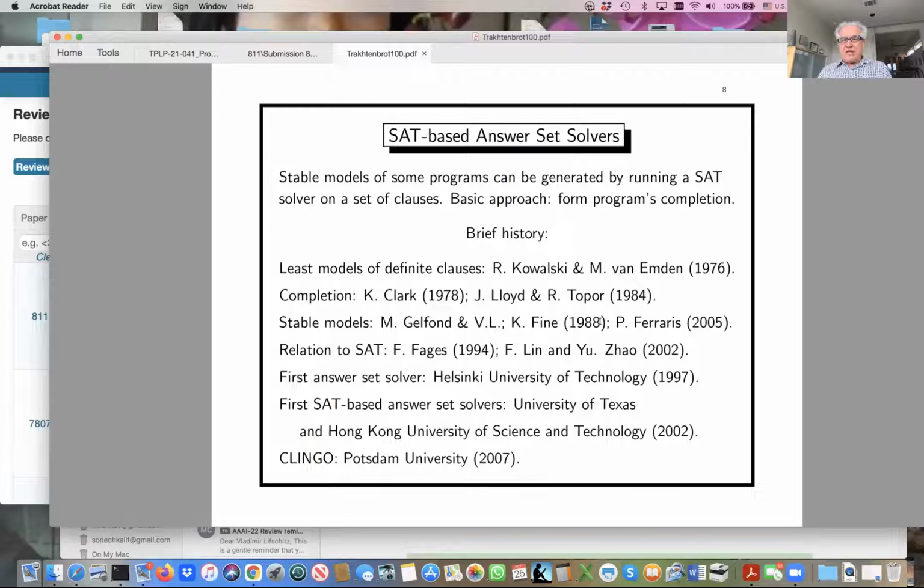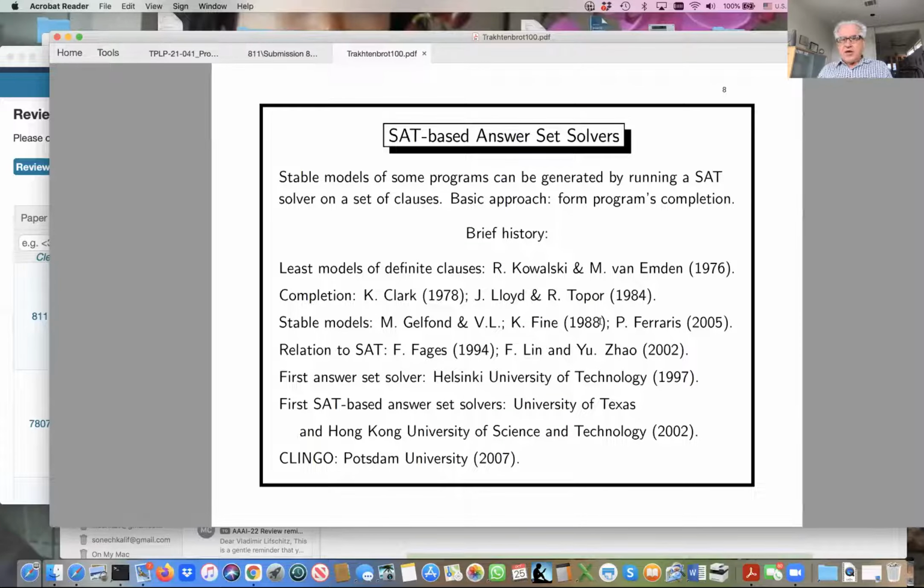And there are cases when the problem of generating stable models of a program can be simply reduced to the problem of finding a satisfying interpretation for a certain set of clauses.